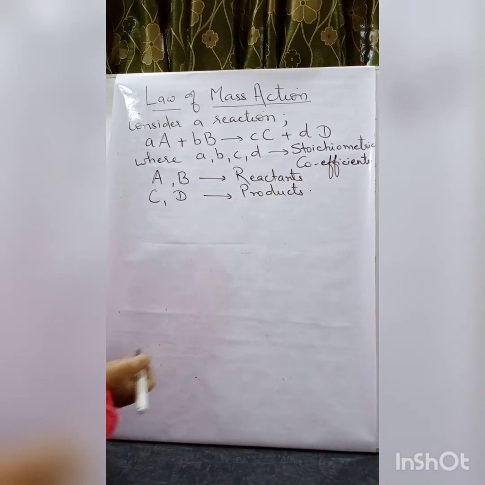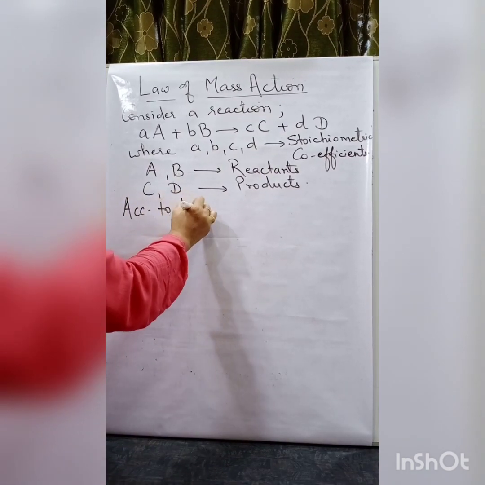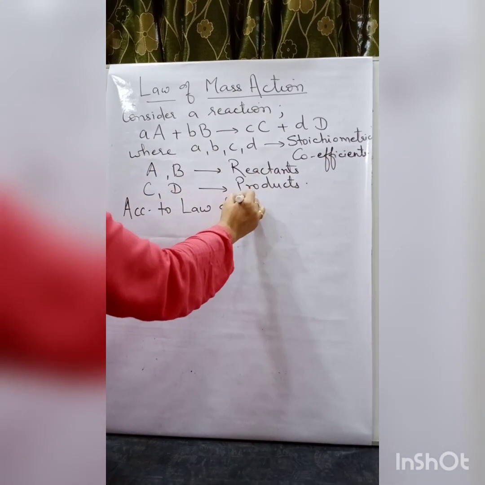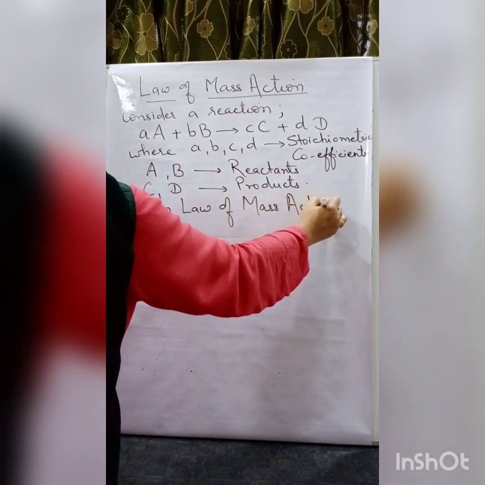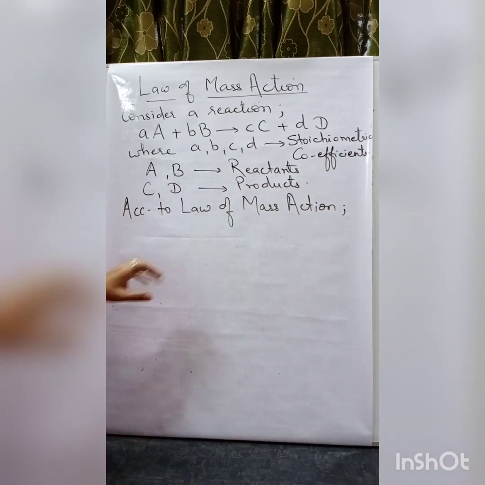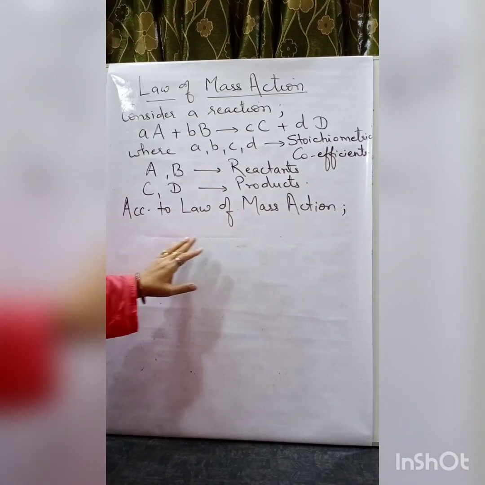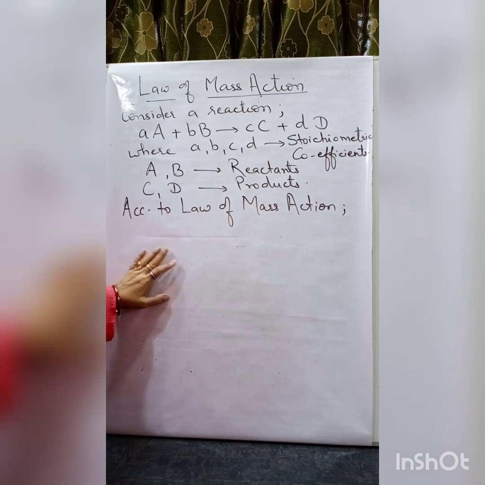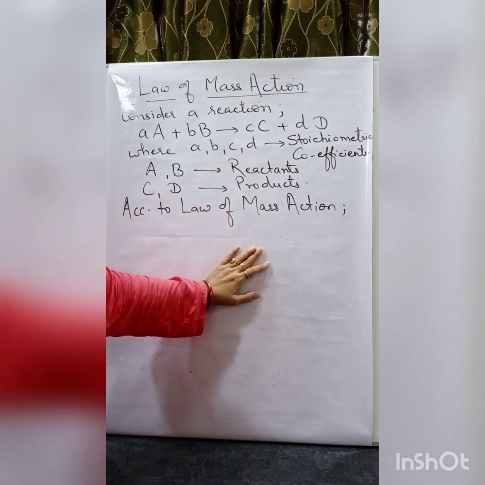In 11th standard we have already studied the law of mass action. So what does the law of mass action say? According to the law of mass action, the rate of reaction is directly proportional to the concentration of the reactant.